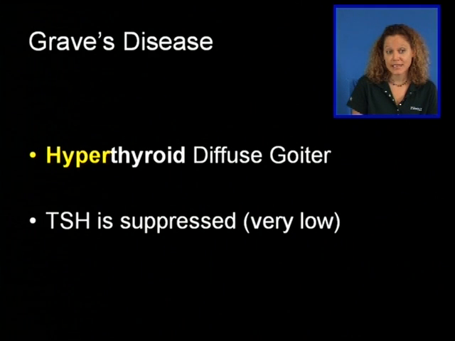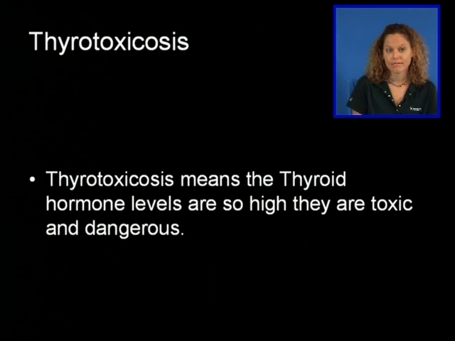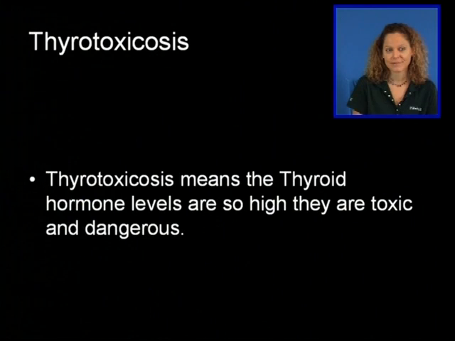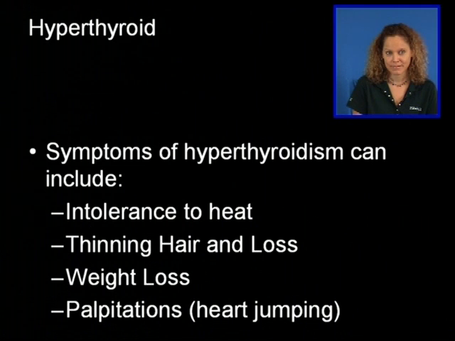In Graves' disease, the TSH is usually suppressed, and so it's very low. In Graves' disease, immune globulins or antibodies that mimic thyroid stimulating hormone stimulate the thyroid to excessively grow, releasing excessive T3 and T4. Thyrotoxicosis means the thyroid hormone levels are so high that they are toxic and dangerous.